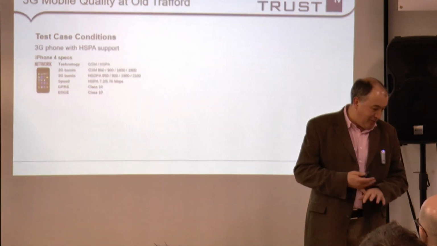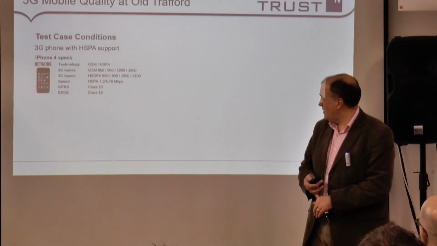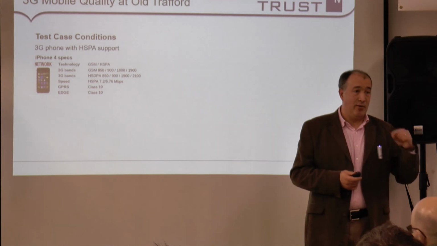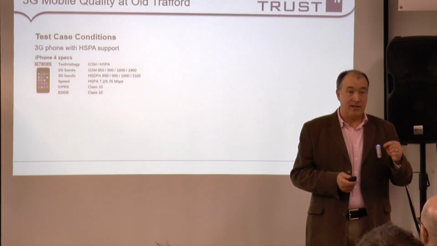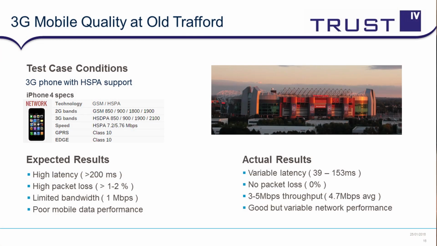And its theoretical maximum speed is 5.76 megabits a second, that's the download. So we were pretty much getting as good as it gets when we did our test. This is what we expected, and it's always good to go into tests with this is what we think we're going to get, and this is what we actually got, and then try and look at the reasons why you were proved wrong, basically.